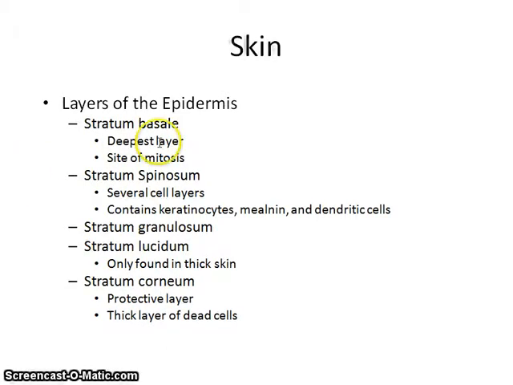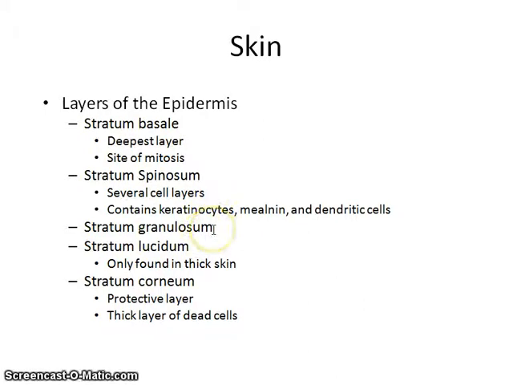So starting at the bottom, remember the basal part? We've mentioned that word before. And whenever you see basal, think basement. It's the bottom layer. It's the deepest layer, so it's the furthest away from the part that you're touching. This is where mitosis happens. If you remember the first chapter, mitosis is all about regenerating cells. Then we have the stratum spinosum, and that's where a lot of the keratinocytes, the melanin, dendritic cells are.